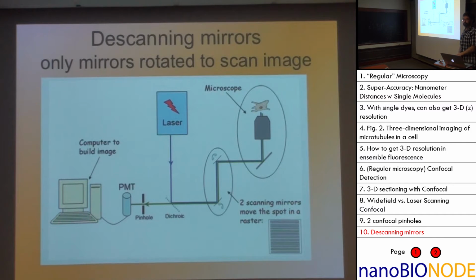So the sample doesn't move? The sample does not move. That's right. You can move the sample. The problem is what? Why don't you want to move the sample in general? Because if you don't sync it with the computer... Yeah, that's true.